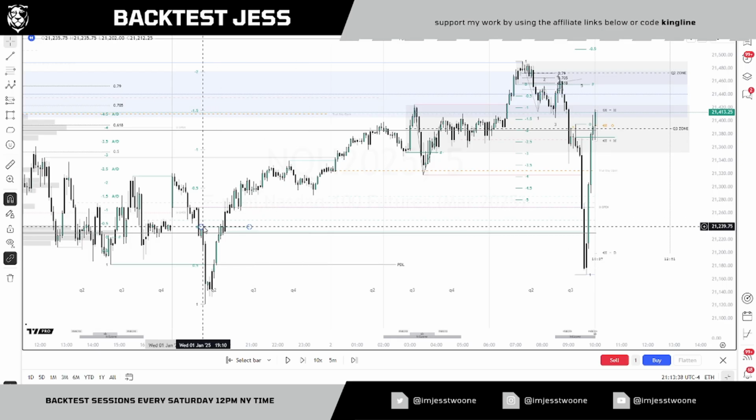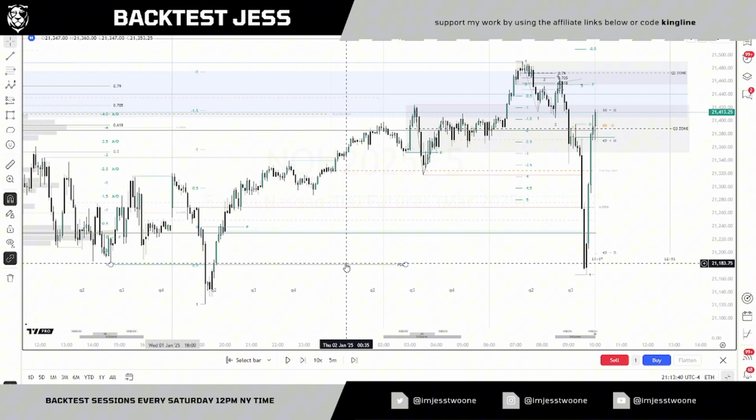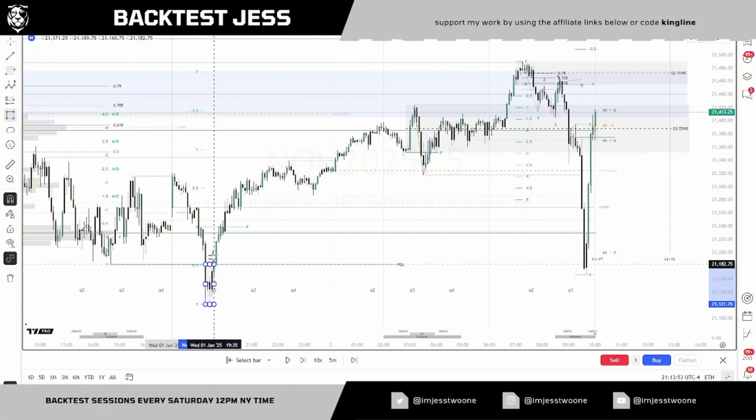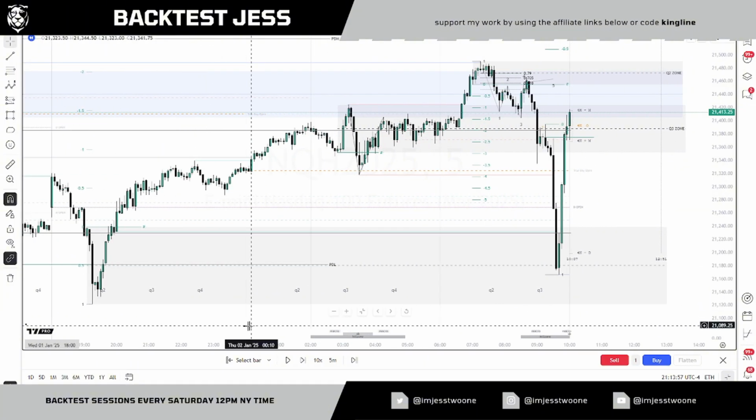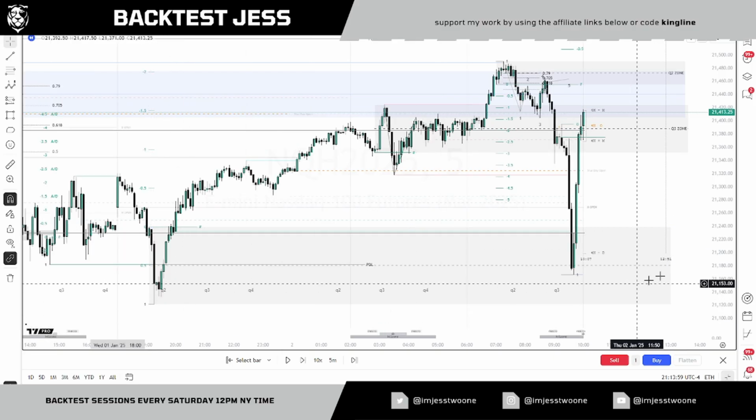I use the whole range. So this was the original zone right here. This is currently low of day that's holding. This is Asia Q1.